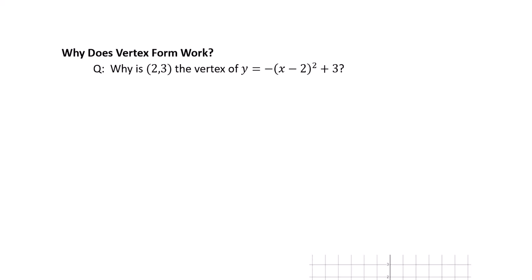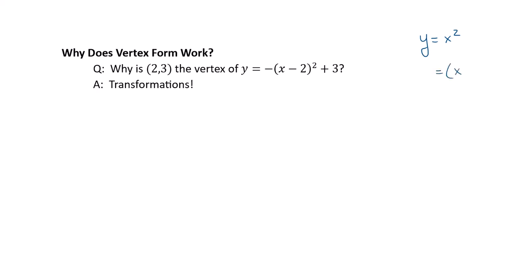So a question we pose here is, why is (2, 3) the vertex of y equals negative (x minus 2) quantity squared plus 3? And the answer is transformations. Remember, when we're looking at just a regular parabola, y equals x squared, we've got a transformation going on when we talk about shifting to the right 2.